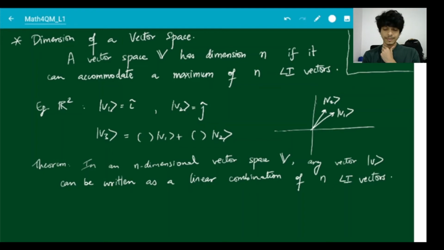So this brings us to the next important concept, probably the most important concept when you're doing quantum mechanics, and this is the concept of a basis.